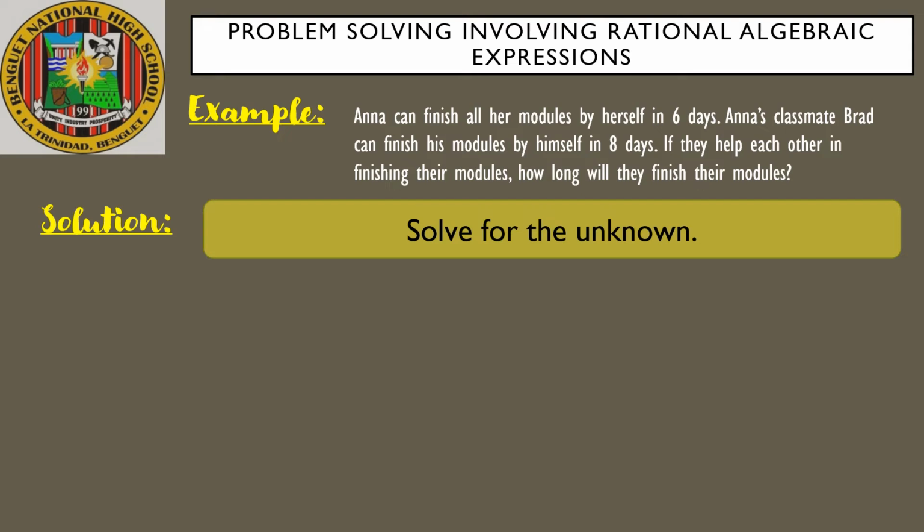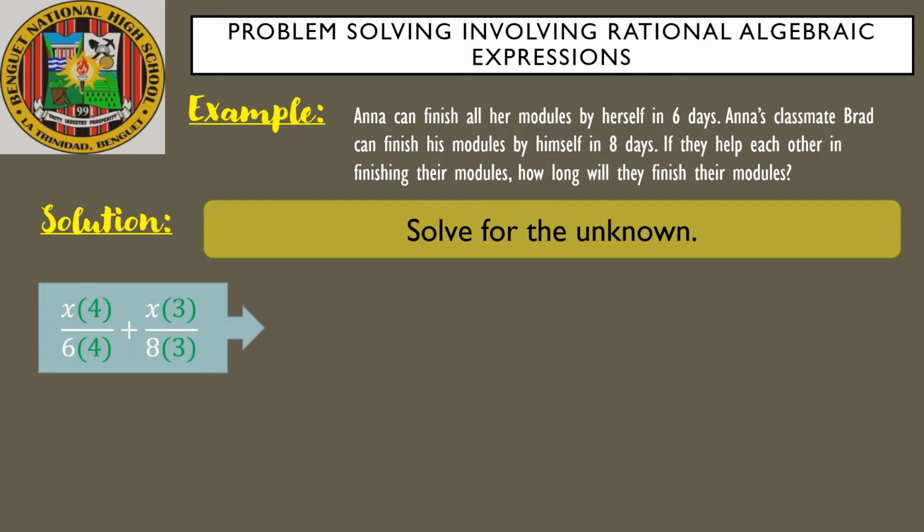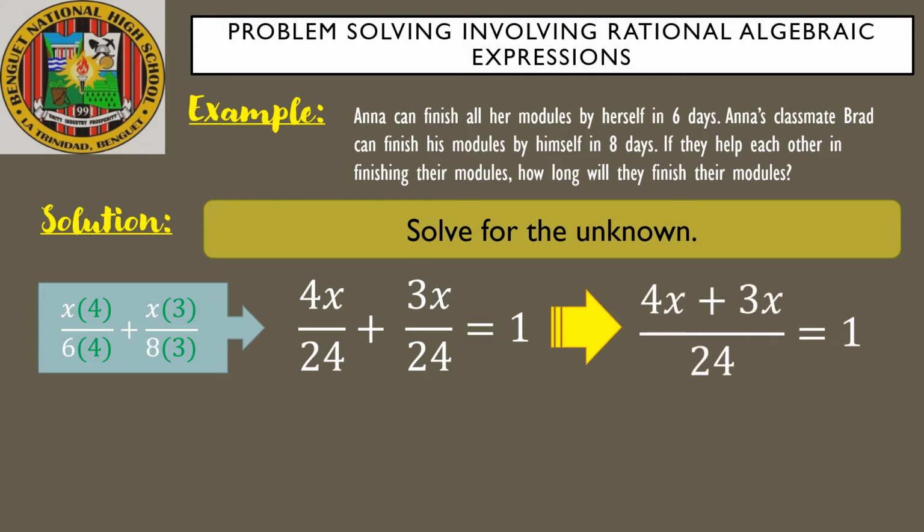The previous step will give the following result of 4x over 24 plus 3x over 24 is equal to 1. Since we now have similar RAEs in our equation, we add the numerators together to get the equation 7x over 24 is equal to 1.